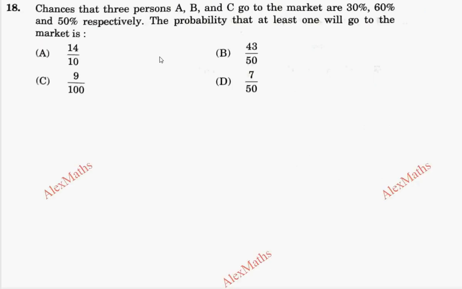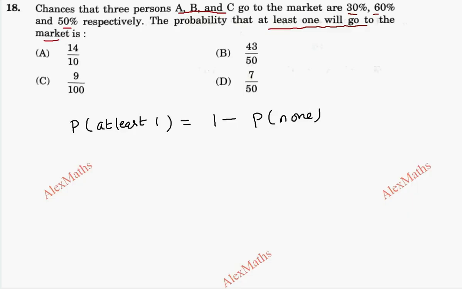Question number 18, they have given the chances that 3 persons A, B and C go to the market are 30, 60 and 50%. The probability that at least one will go to the market is 1 minus the probability that none goes to the market.